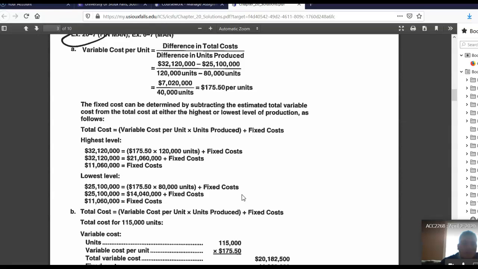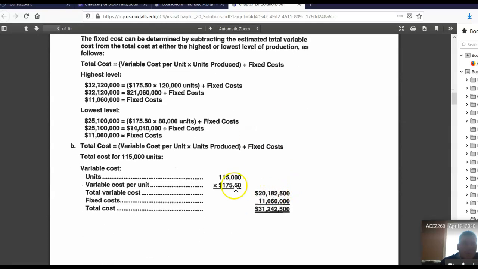In letter B, it says, based on part A, estimate the total cost of 115,000 units. Well, 115,000 units times the variable cost per unit is 20,182,000. We still add the same fixed costs because it doesn't matter what the volume is. Our total cost here then is 31.2425. That's how the high-low method works.